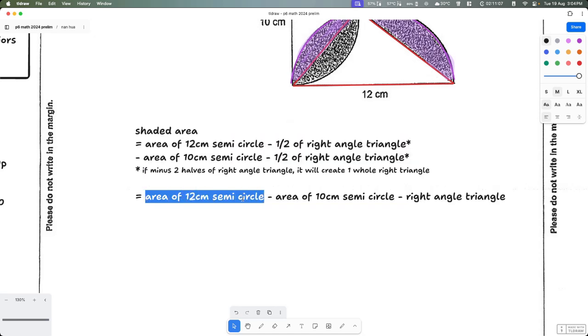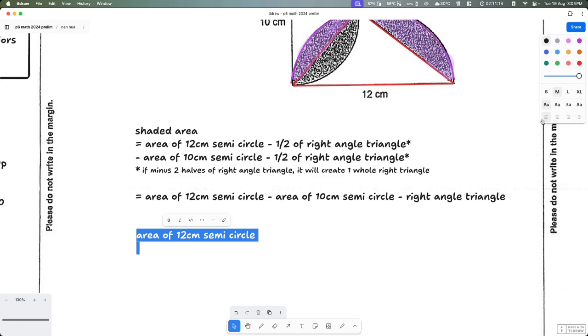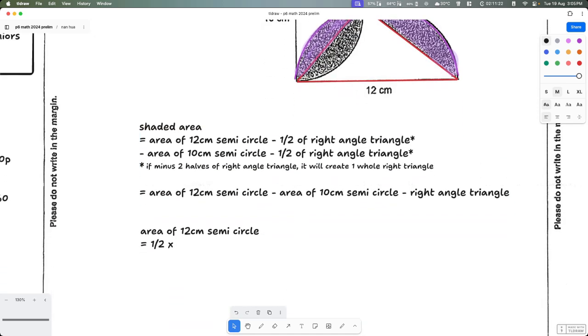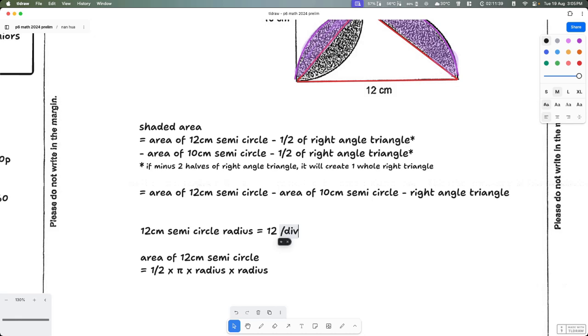So let's do this. Area of 12 centimeter semicircle is equal to half times pi times radius squared. For the 12 centimeter, radius is equal to 12 divided by 2 equals 6 centimeters.